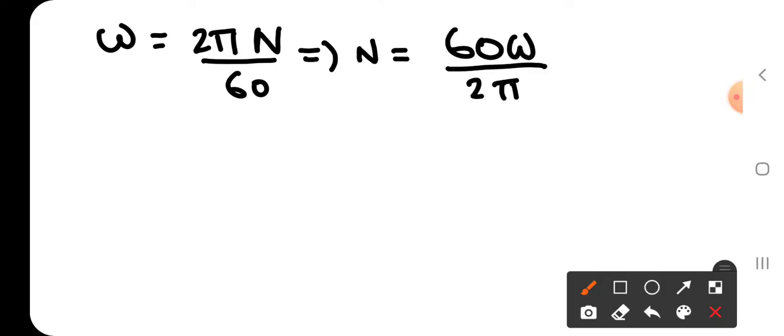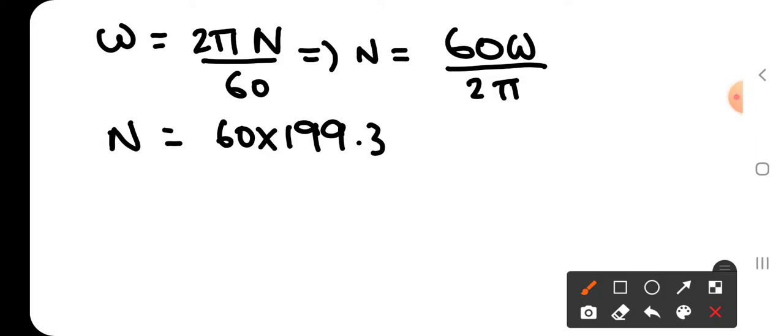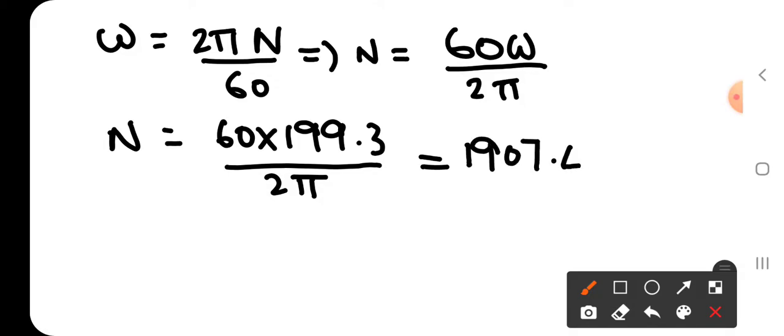That is, n is equal to 60 into 199.73 over 2 pi. This is approximately 1907.4 rpm.